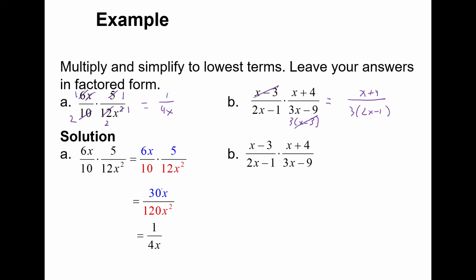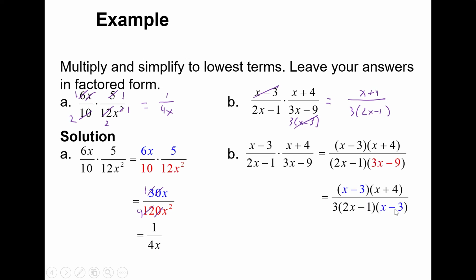Because here, we can divide by the 10 and then we can divide by 3 and we still get it, but it's easier just to do it at the beginning. Now here, this is a key piece that we have to look at, so we have to factor that into the 3 and the x minus 3. Now we can cancel those, and we have the x plus 4 over the 3 times the 2x minus 1.